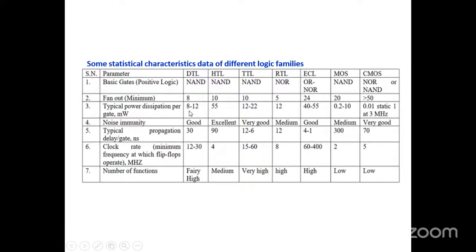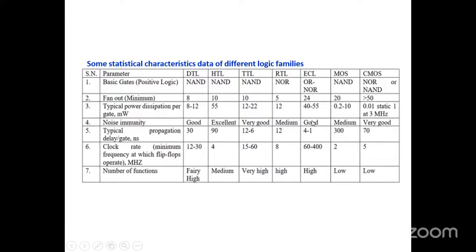So the power dissipation is 8 to 12 milliwatts, and whereas compared to the TTL gates, ECL and MOS have more advantages. And coming to the noise, good, and this is excellent.